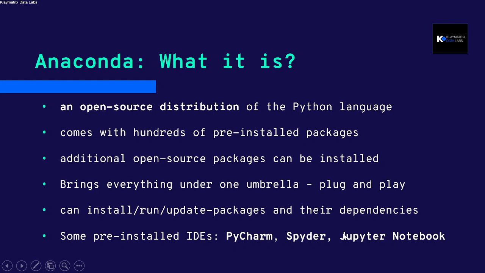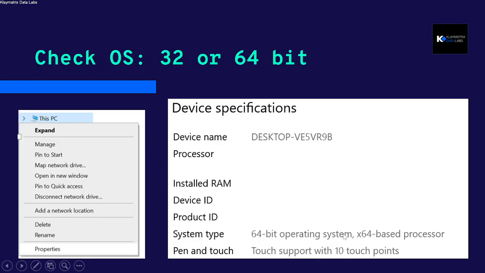Before we try to understand how we install Anaconda, which is pretty straightforward, let's also check whether your operating system is 32-bit or 64-bit. For people who don't know it, I know most of you already know it, but if you don't, a 32-bit or 64-bit OS can be checked on your system by just right-clicking on My Computer, or This PC in this case.